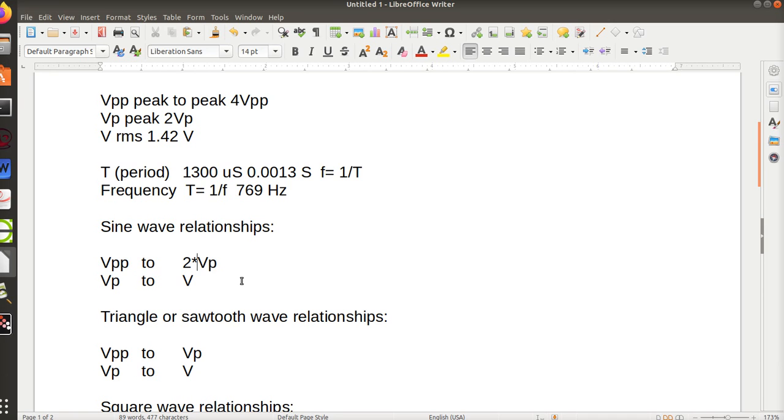Square root of 2 over 2 is the ratio. So square root of 2 divided by 2 is equal to about 0.7071.